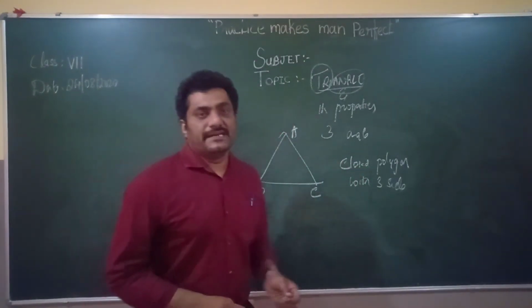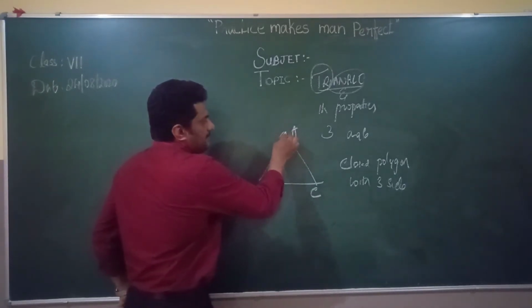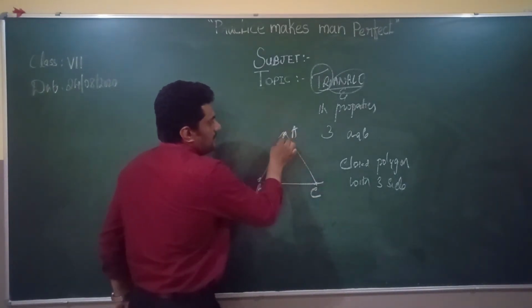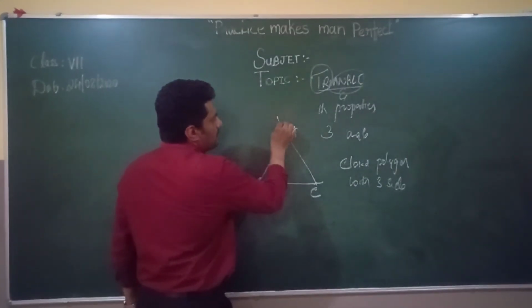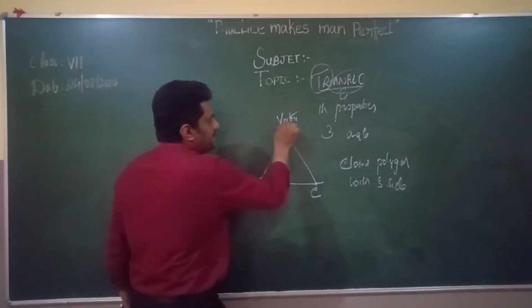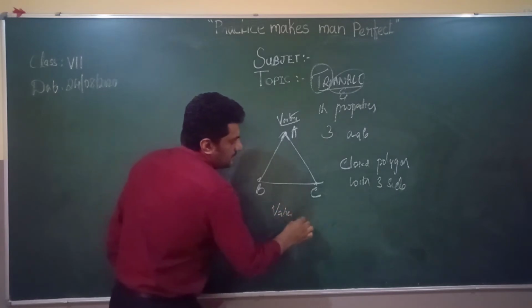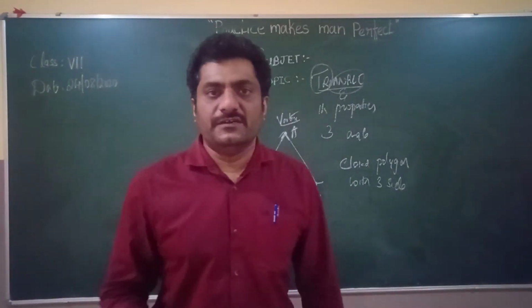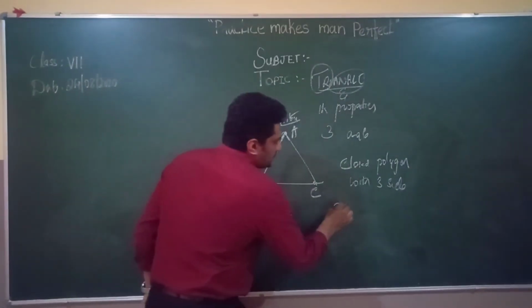Now let's concentrate on a triangle. The intersecting points here, the common points, are called vertex. And vertices is the plural of vertex. Now this is a single vertex and we have 3 vertices.